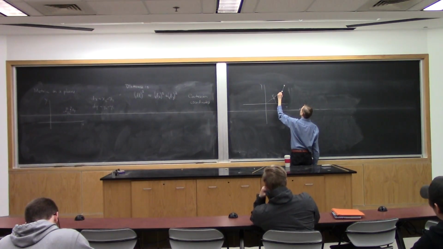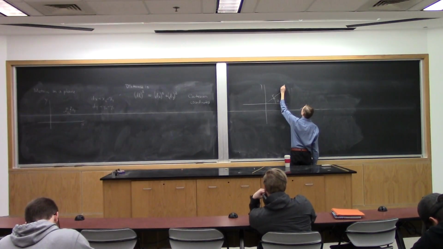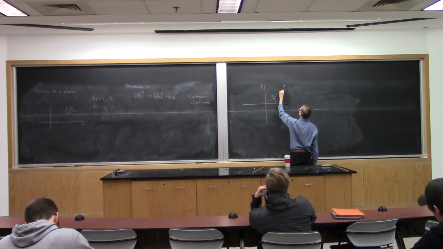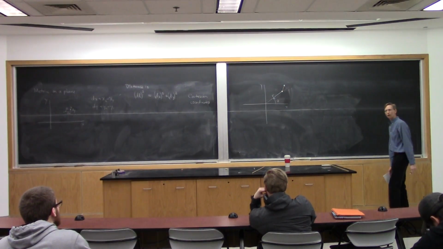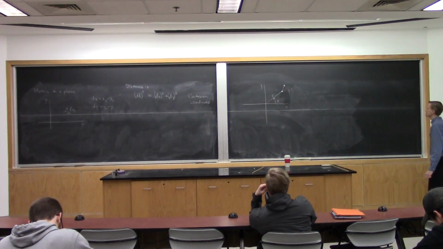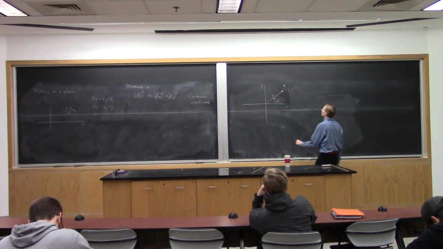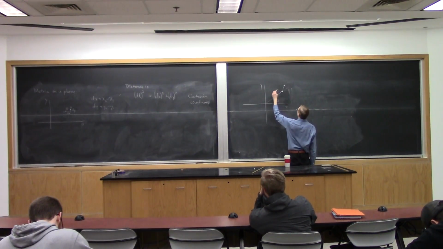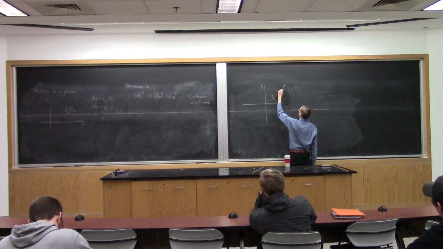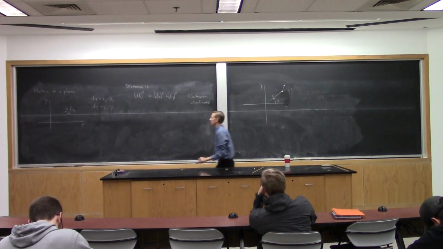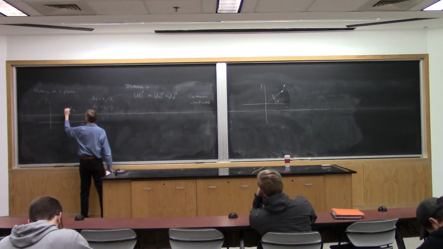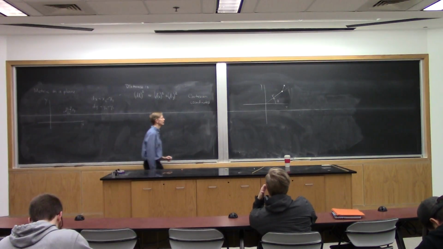So here's 2 points. And I can still, in the limit as the separation becomes small, make a little right triangle. And so, again, I want to know the distance between them. I guess I can just make that solid too.